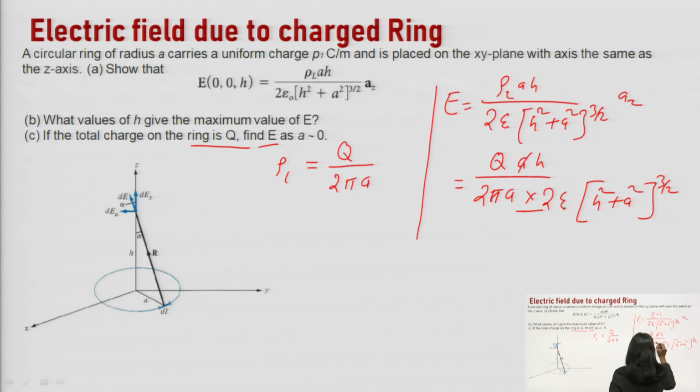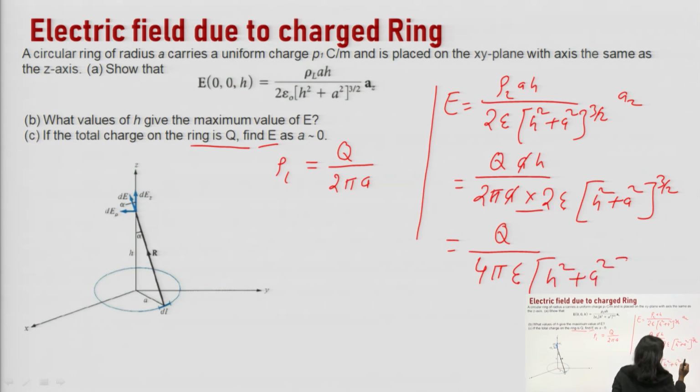So this a and a will cancel out, and finally we will get q by 4 pi epsilon (h square plus a square)^(3/2) times az.